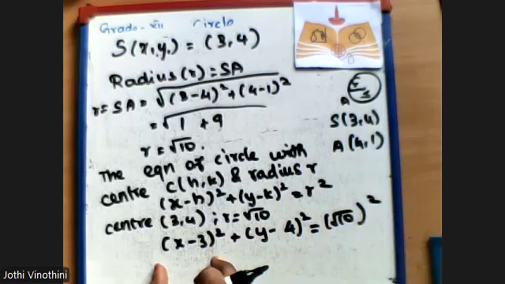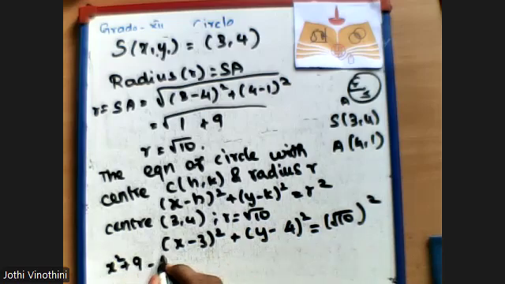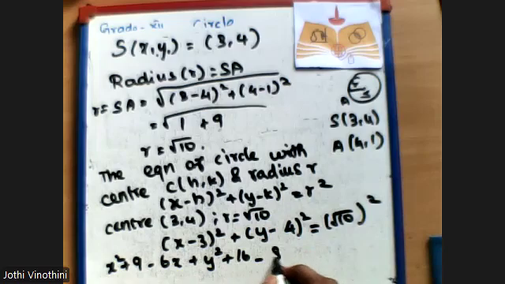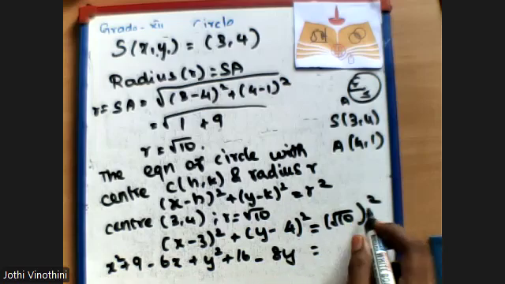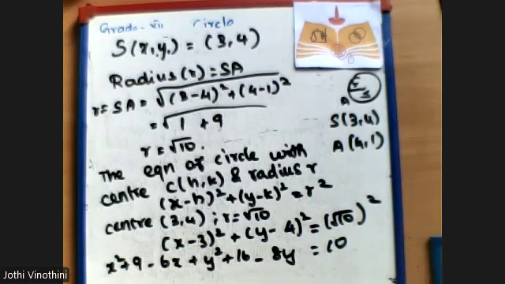It is in the format of a minus b the whole square, so a squared plus b squared minus 2ab. Likewise, here also a squared plus b squared minus 2ab, which equals root 10 square, which will be 10, right? I'm going to just simplify this.